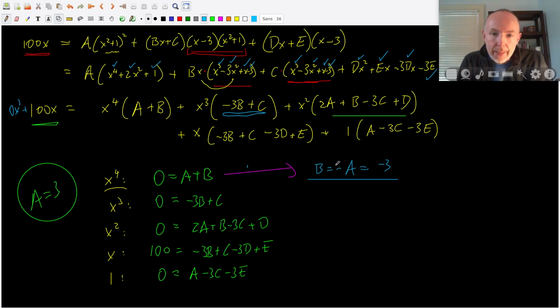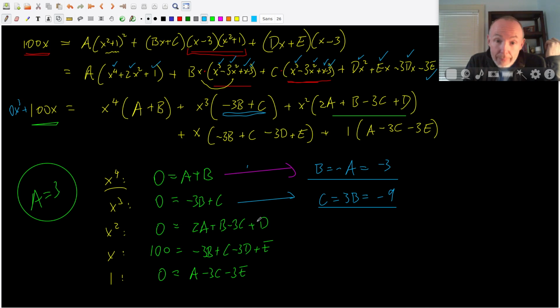So this next one we can use to solve c, right? Because c is equal to 3b. And b is minus 3, so this turns out to be minus 9. There's our value for c. And if I know a and b and c, then I can use this equation for d. d is 3c minus b minus 2a. 3c is negative 27.